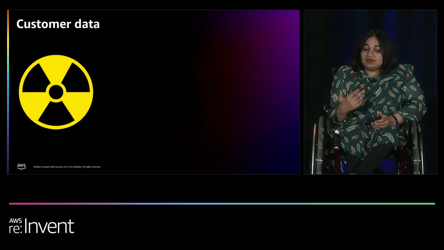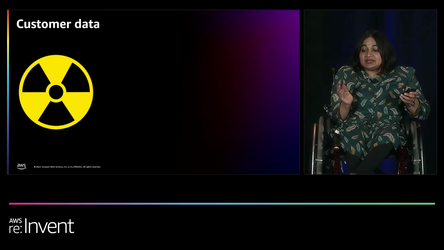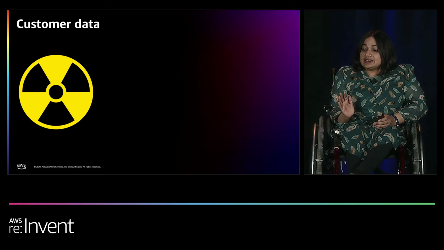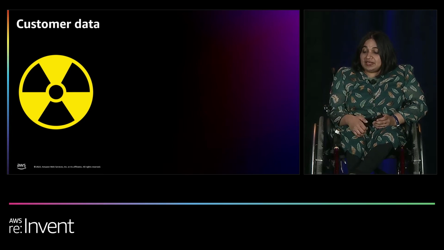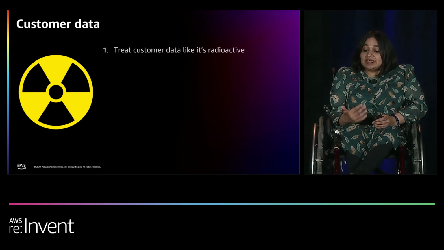So the universal statement that Lumos is targeting is about customer data. And I've already said they're responsible for payment critical data for hundreds of millions of customers. It's a huge responsibility. And here's how they think about it. So first, they treat customer data as if it's radioactive.